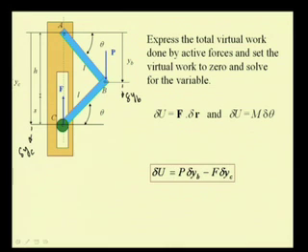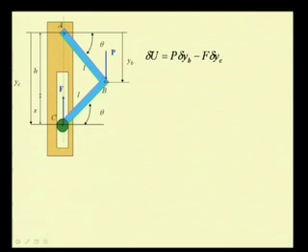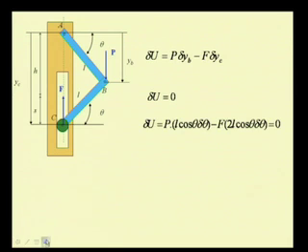Now, we equate this quantity to 0 for equilibrium. So, we have P times delta YB, which is L cos theta delta theta, minus F times delta YC, which has been found to be 2L cos theta delta theta, and this we equate to 0.